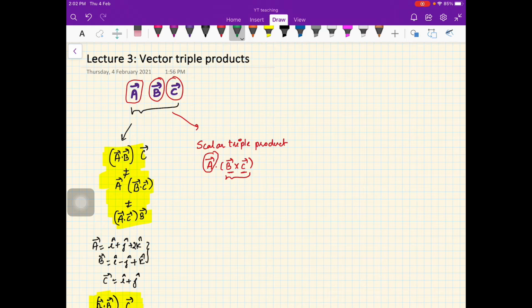If you do the calculations, you have A vector as A1 i cap plus A2 j cap plus A3 k cap, B vector as B1 i cap plus B2 j cap plus B3 k cap, and C vector as C1 i cap plus C2 j cap plus C3 k cap.